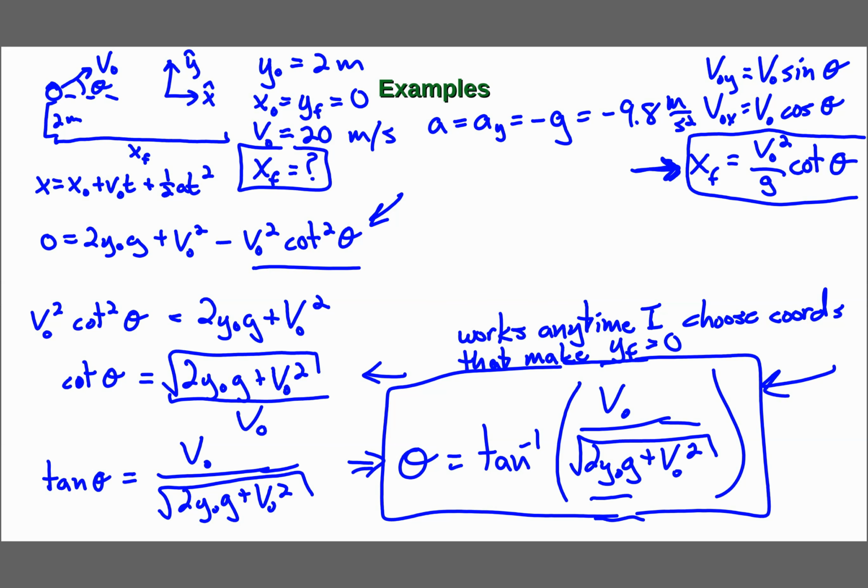This is a general solution to this. So theta max, or theta for the max distance, equals the arctan of v naught over the root of 2 y naught g plus v naught squared.